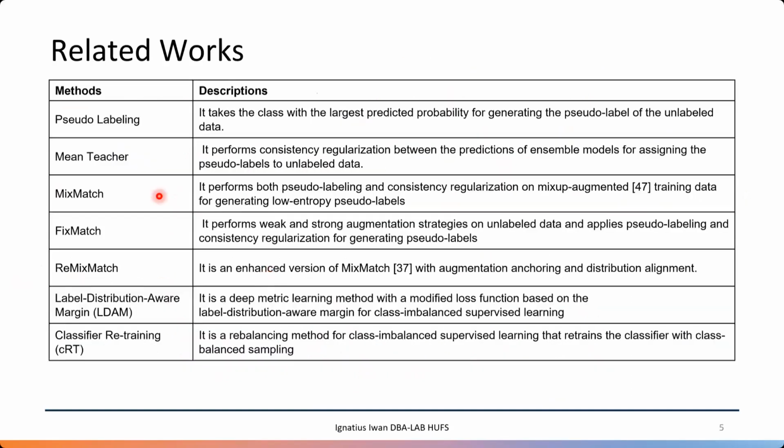These are the previous works related to this work. First is the basic pseudo-labeling, which takes the class with the largest predicted probability to generate the pseudo-label. Then Mean Teacher performs consistency regularization between the predictions of ensemble models for assigning the pseudo-label.